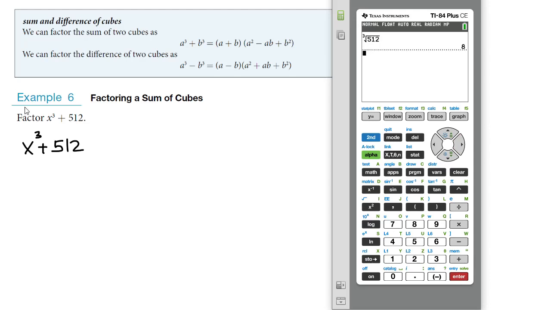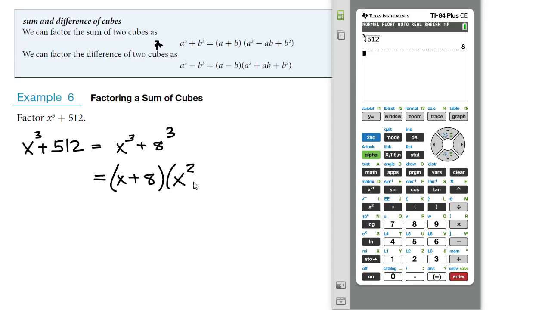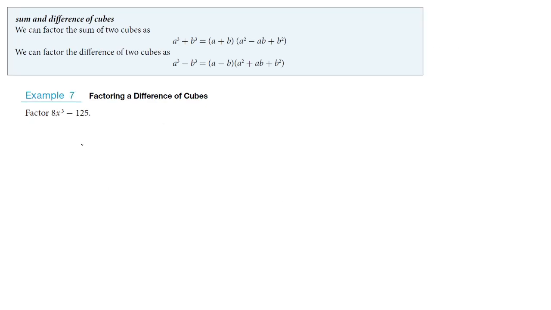So I see that I could rewrite this as x cubed plus 8 cubed. And so now I can use this formula. I know it's a plus, so the first binomial will be x plus 8, and then there'll be a negative here, so I'll have x squared minus 8 times x plus 8 squared, which is 64.